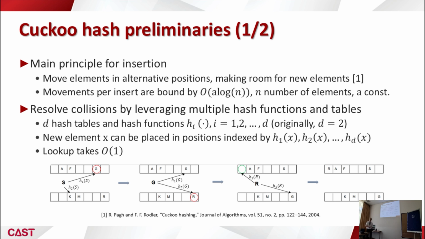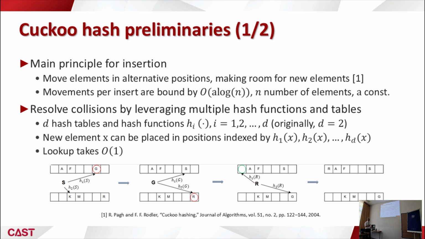In all hash-based approaches, the input key is used as input to a hash function, and the derived hash is used as an address to access the corresponding hash table. Through this example, we see how the original algorithm handles collisions. Let's say that we want to insert the key S in the hash table.